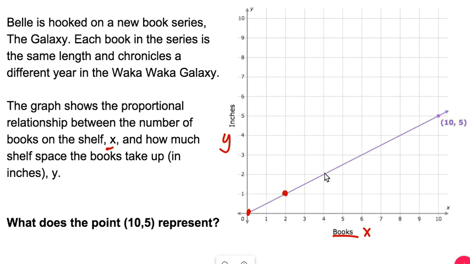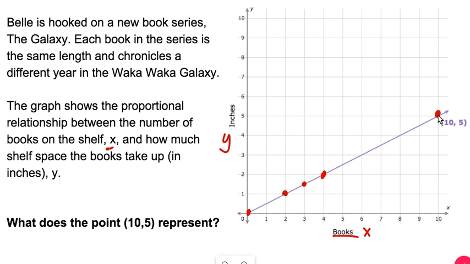If she has 4 books, she needs 2 inches. Now, I know I say to always look where the grid lines meet, so that you have integers. But if we look at the situation, you can probably guess if she needs 1 inch for 2 books and 2 inches for 4 books, how much she probably needs for 3? 1.5, right? So once we recognize the pattern, let's take a look at what they want to know.